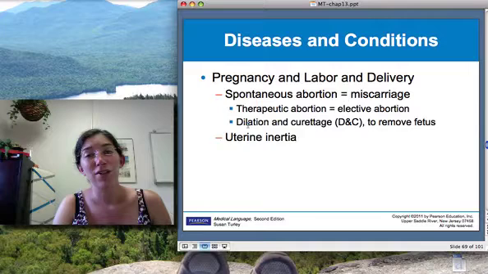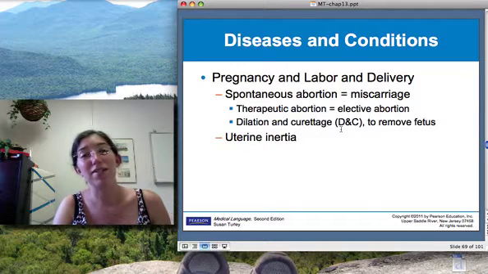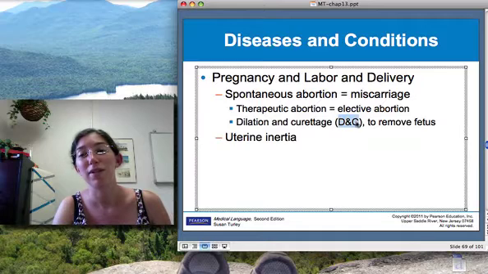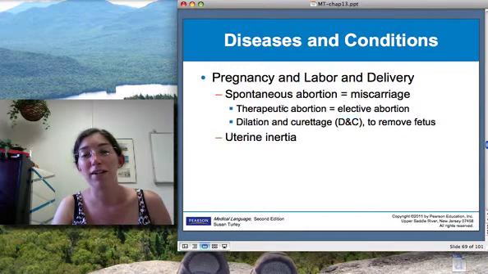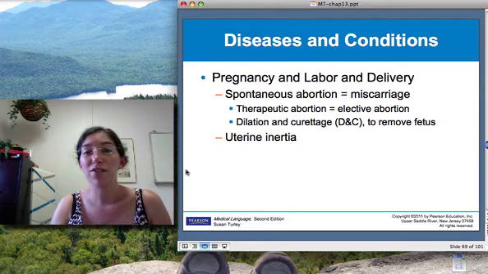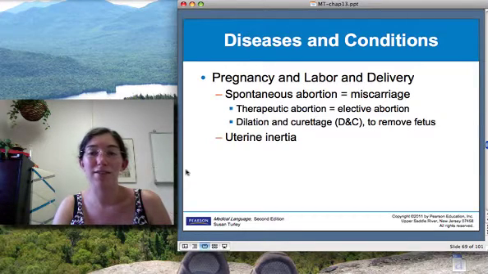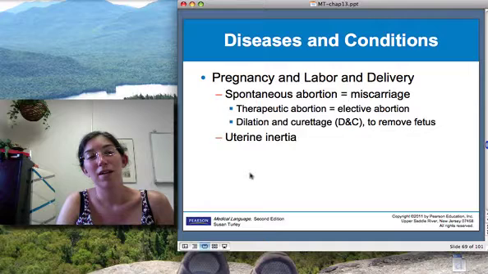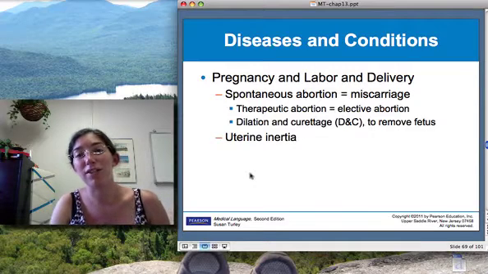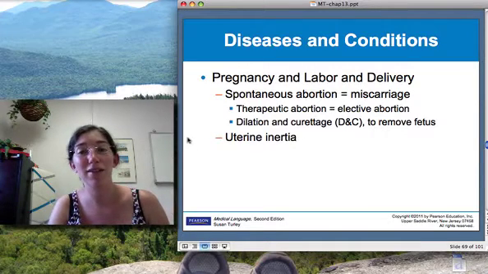Dilation and curettage, also known as a D&C. This is an abbreviation you should know, because you rarely hear anyone say dilation and curettage, they say D&C, which is a procedure for the doctor to go in and remove the fetus. The other alternative is probably to wait for your body to pass it.